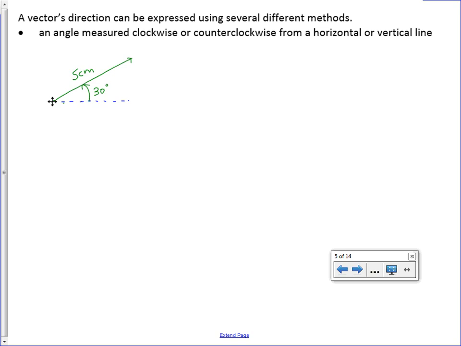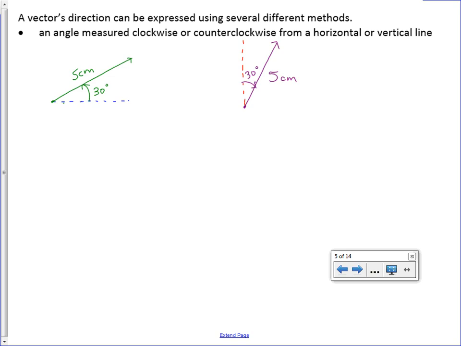If I have from the vertical, so you could have a vertical line, and I say draw a vector that is 30 degrees clockwise from the vertical, you draw a vertical line, draw a line segment that's about 30 degrees to the right, and indicate its magnitude. And now I've just drawn a vector that has that representation.